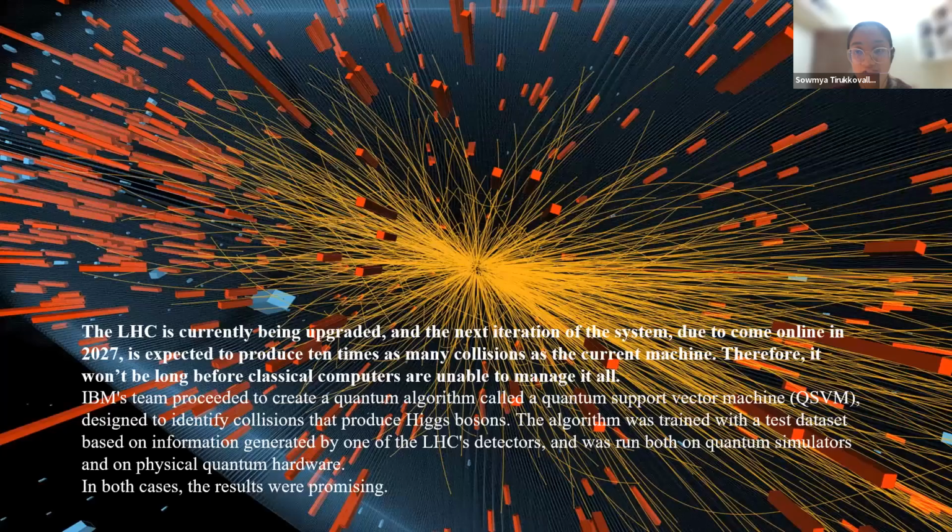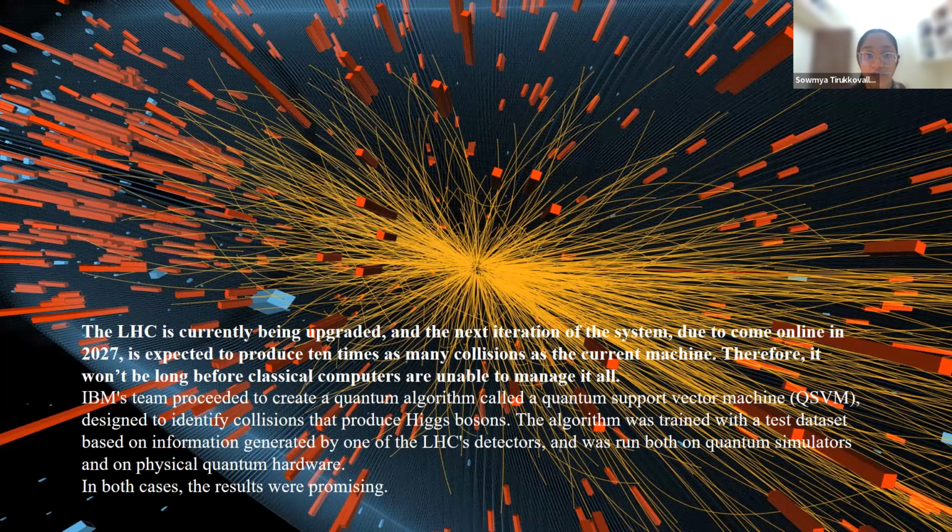This image shows a collision between two heavy ions in a particle accelerator. You can clearly see the assortment of fundamental particles which are produced, and the red blocks shown in the image represent the detectors. It's clear that there's so much data produced through these events.